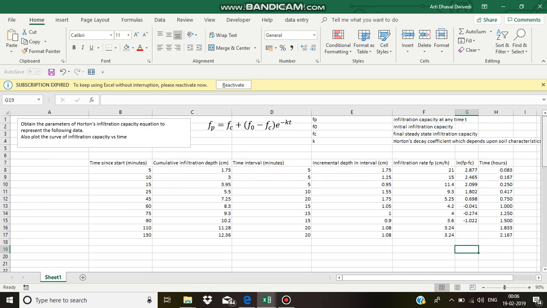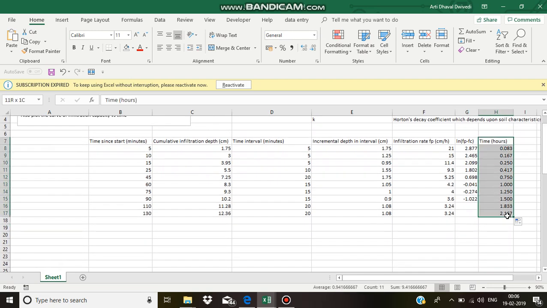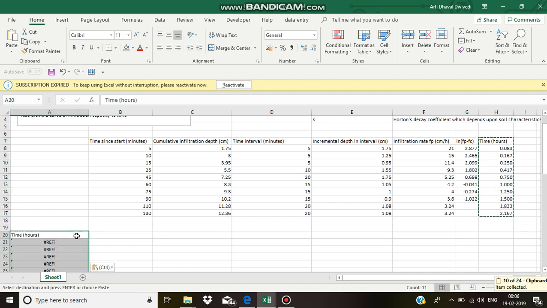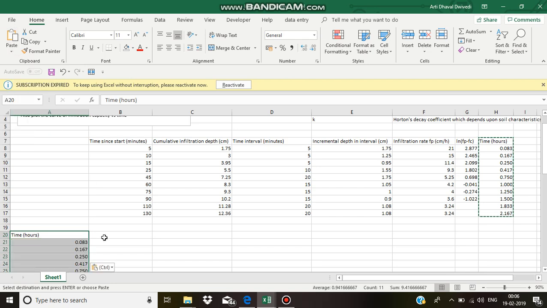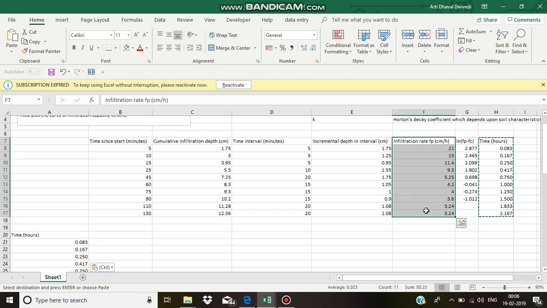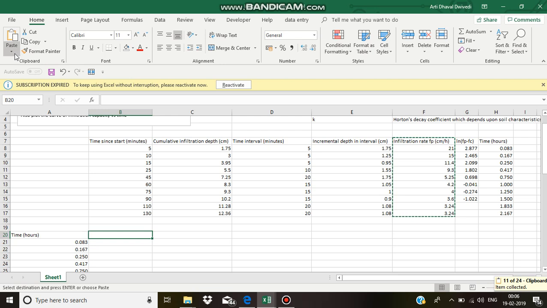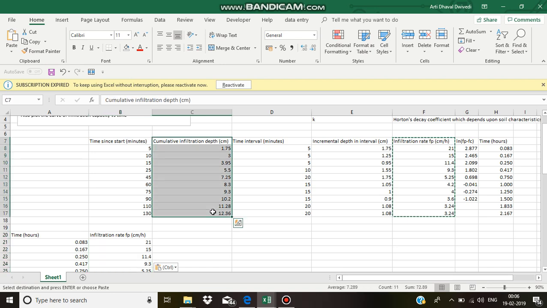Infiltration rate versus time, and cumulative infiltration depth versus time. Time on the x-axis. Infiltration rate and cumulative infiltration depth.